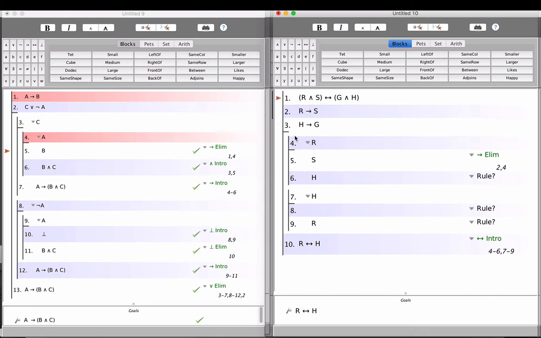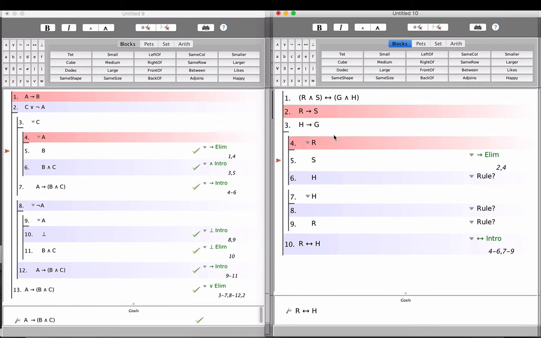However, if we look at line 1, we'll notice that H is nested deep within this biconditional claim. If we get R and S together, if we conjoin R and S, we eliminate the biconditional, we pull G and H down, and from G and H, we infer H. So let's do it.